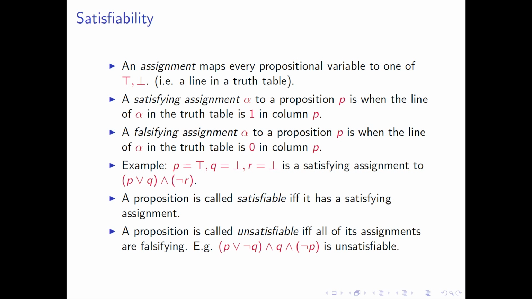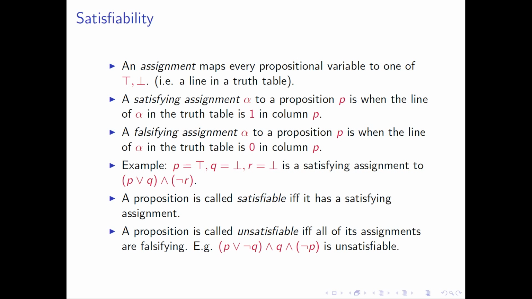So basically under this assignment, P is true. That's what makes it satisfying. Falsifying is the opposite: when we look at the line representing the assignment and the column representing the proposition, where they intersect, we get false.